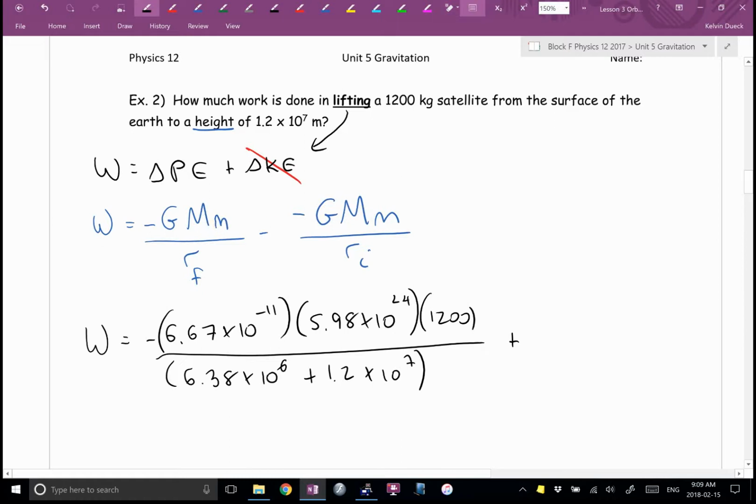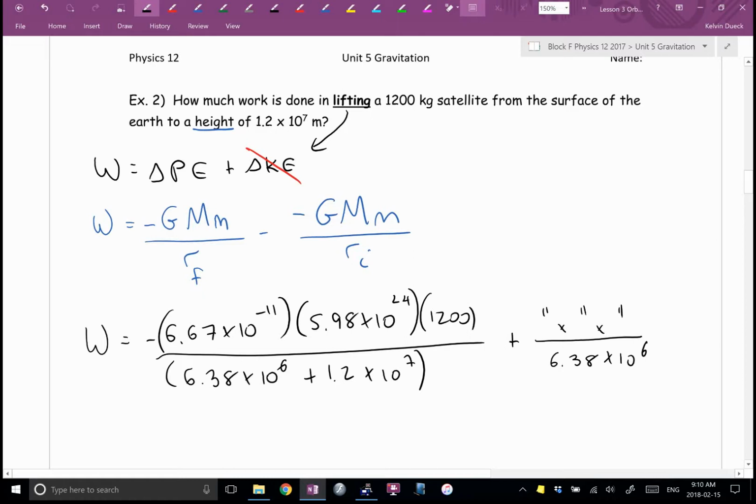You know what? Ditto mark times ditto mark times ditto mark. And I'm doing that because that's what I'm also going to do on my calculator. That second fraction, I'm just going to backspace, edit, and tweak whatever I need to tweak. Way less typing. Over. What's our initial? Where are we starting? The surface of the Earth. So I'm going to put 6.38 times 10 to the 6.